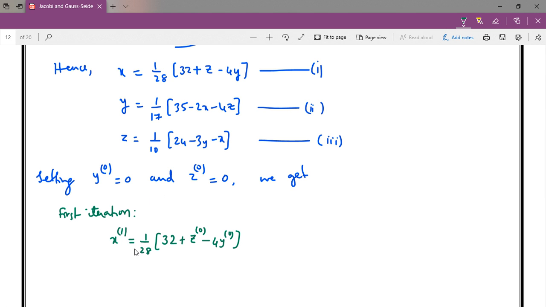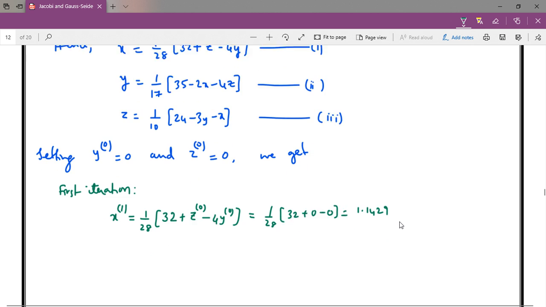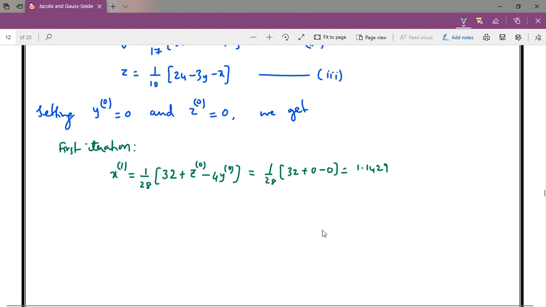So we use y0 and z0 to find x1. Okay, so this gives how much? So 1 by 28 into 32 plus z0 is 0 minus 4 into 0, that is 0. So this gives how much? 32 by 28, 1.1429. Okay.